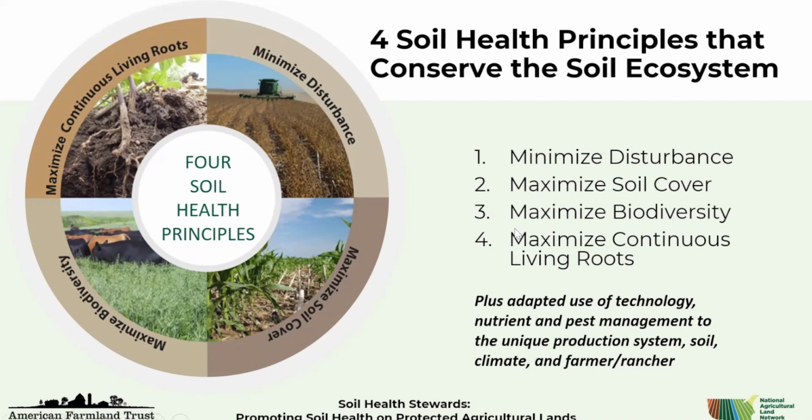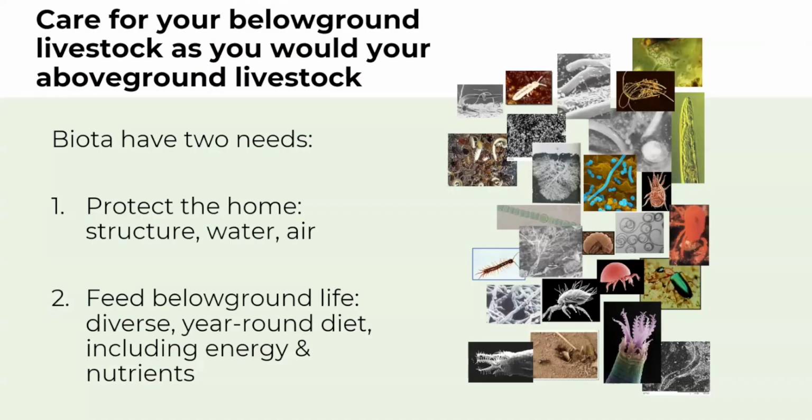So adopting these 4 principles, you can broadly understand how those principles help our systems work better, but to really apply them on a given farm takes that conversation with the producer, takes a lot of learning, and takes figuring out which practices we use given the production system to address those principles, to achieve a system in which all of those 4 principles are met. So there's a lot of adaptation. The rubber hits the road on the farm where all of those principles are adapted in a way that successfully works for that system.